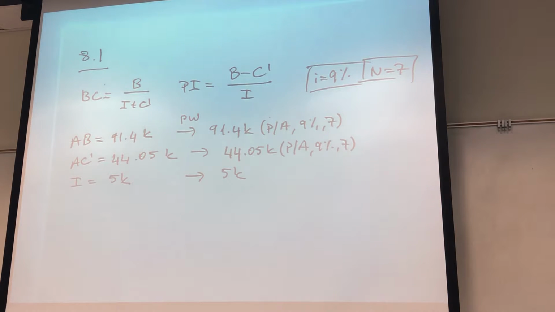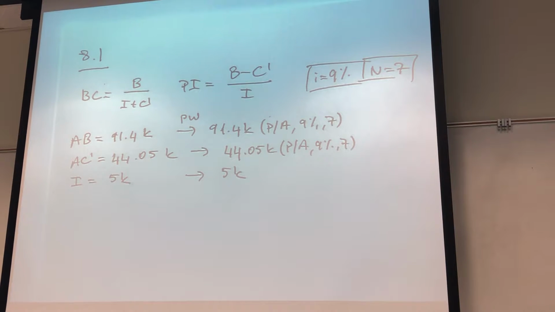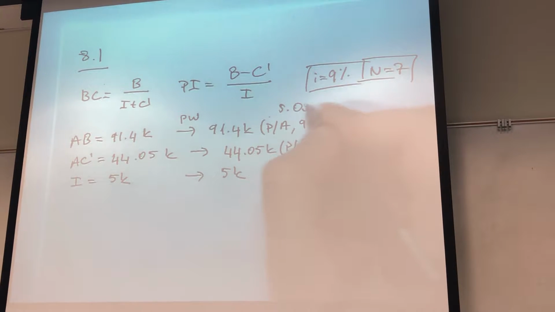So 91.4 times 5.033 is 460. And then 44.05 times 5.033 is 221.7. And this is already present value, so this will be 5, right?